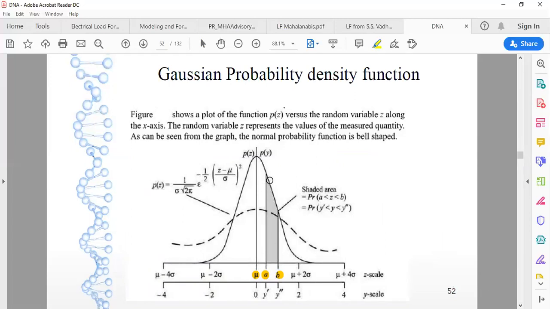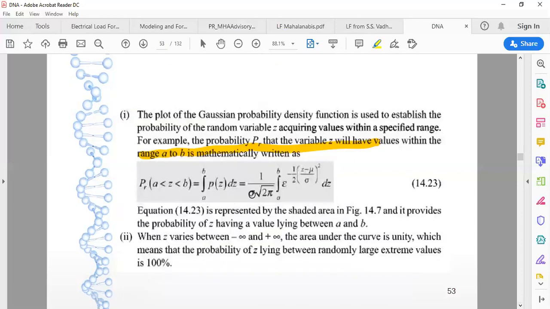That will give you the area occupied by this curve from a to b. Mathematically, another way we can represent it is 1 by sigma under root 2 pi, integration from a to b of e raised to minus half of (z minus mu divided by sigma) whole squared, dz. So this will show you the probability of that meter showing a value between A and B.